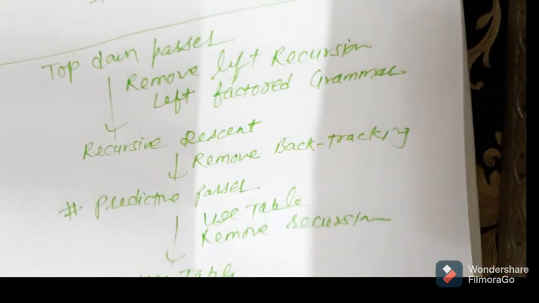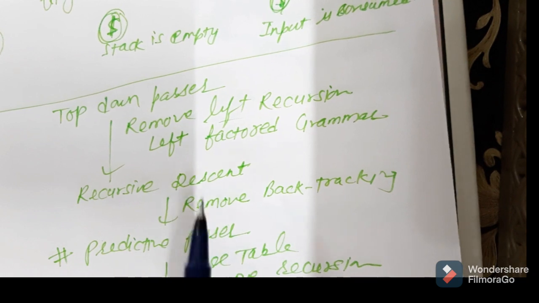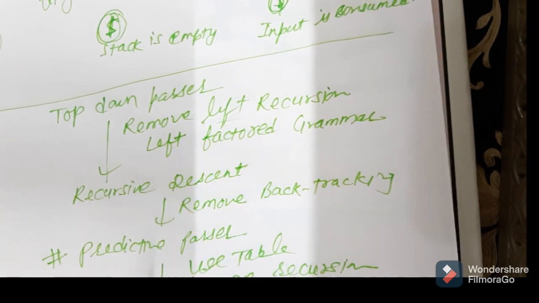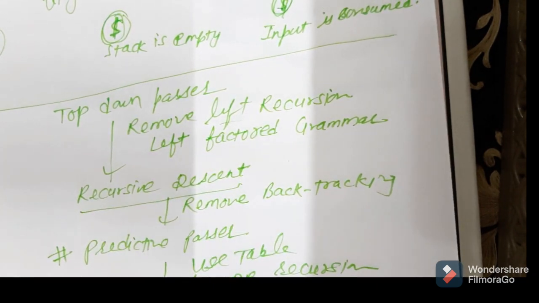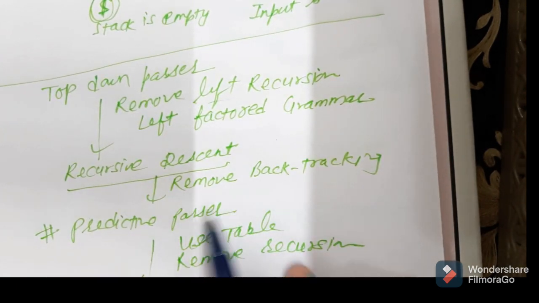So I summarized here. First I start with the top-down parser, then remove left factoring and left recursion, then we come to the recursive descent parser. Recursive descent parsers are of two types, backtracking and non-backtracking.